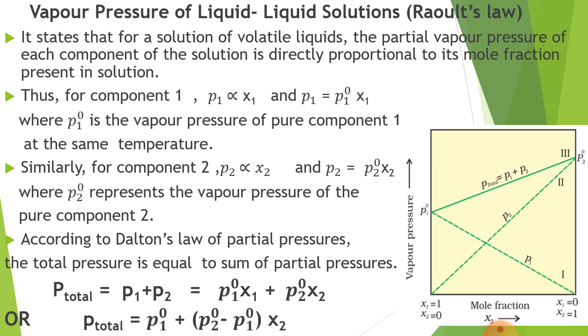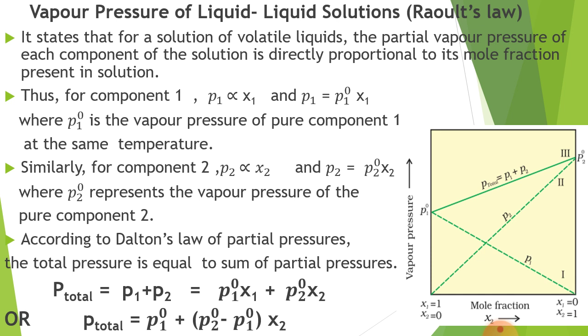So for component 1, P1 is directly proportional to X1 and that is P1 equals P01 X1, where the zero indicates the pure state, standard state. Now P01 is the vapor pressure of pure component 1 when no solute is added to it, at the same temperature.